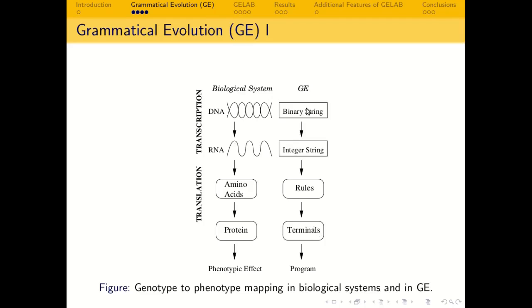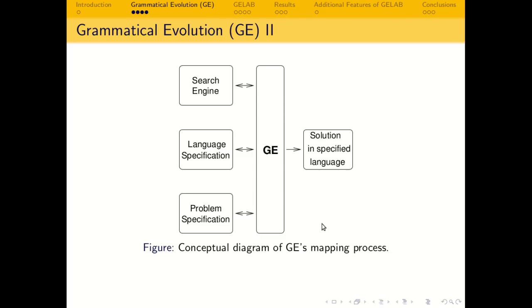So in grammatical evolution, we have an integer string, which is the genotype of an individual, and we use the production rules to create a phenotype that is actually a computer program.